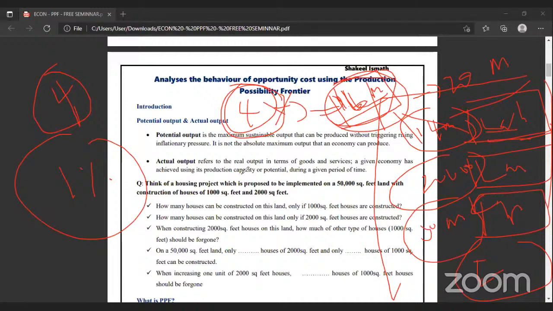Then how much can we produce? And a very important condition is what? When we are producing in such a way, this should not increase or trigger inflation. You will study in your 6th and 5th units why inflationary pressure is there. Then we call it potential output.